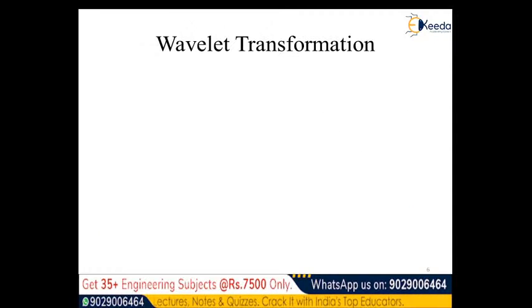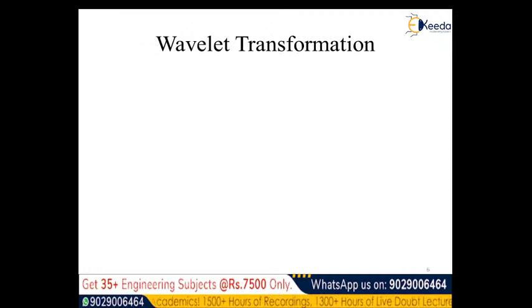Now recall the part B question. In part B, the question is, what is the transform if the input is the corresponding Haar wavelet function? The wavelet function is already provided in the problem statement: psi as a function of n. Here the first 4 elements are equal to 1 and the last 4 elements have the value minus 1. The index variable n denotes the 8 elements 0, 1, 2, 3, 4, 5, 6 and 7.